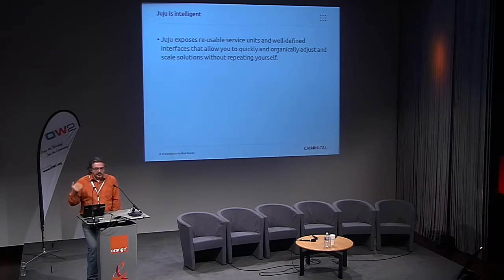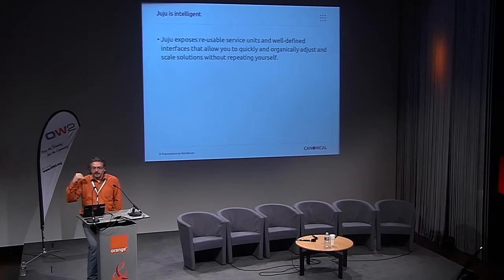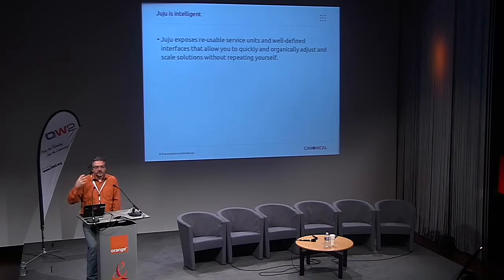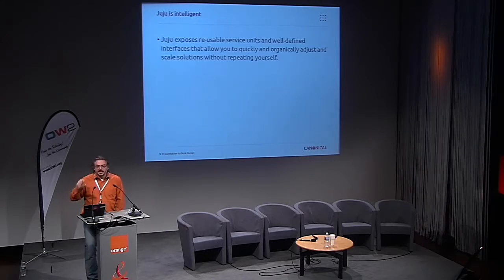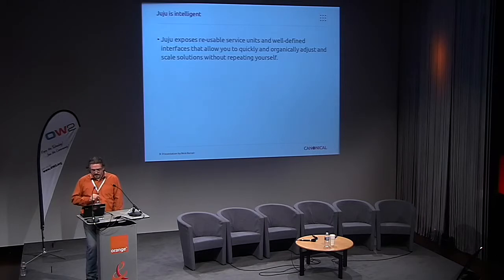Reusability means that there needs to be intelligence within the charm, within the framework for the charm, so that the charm can know about its environment and can make decisions at deployment time based on this environment.